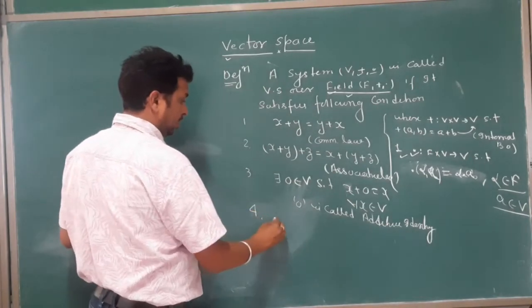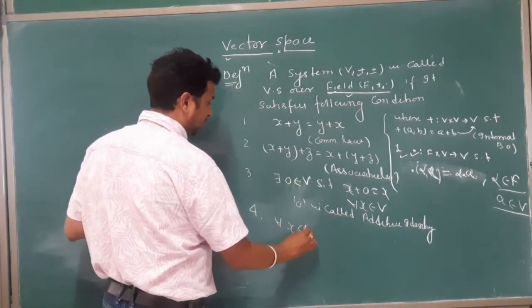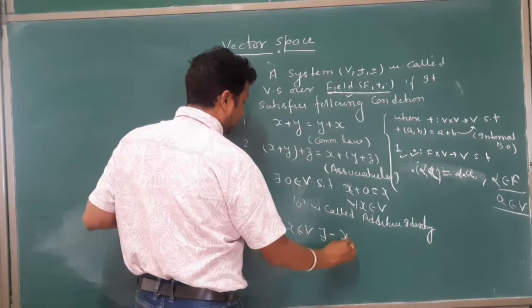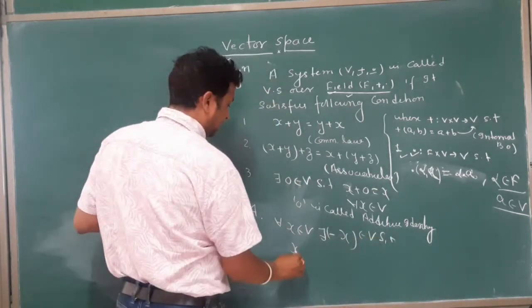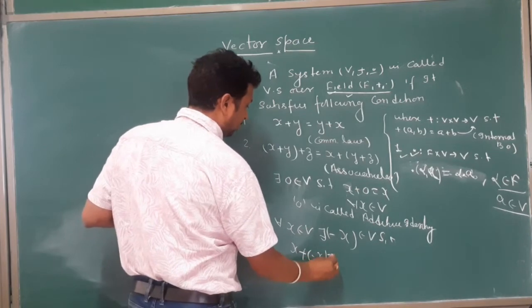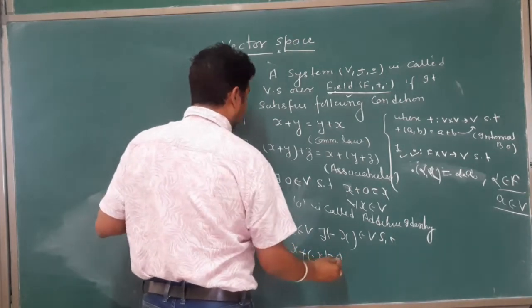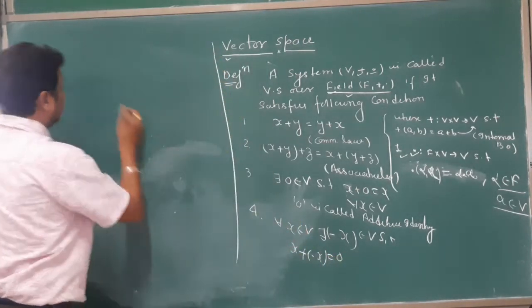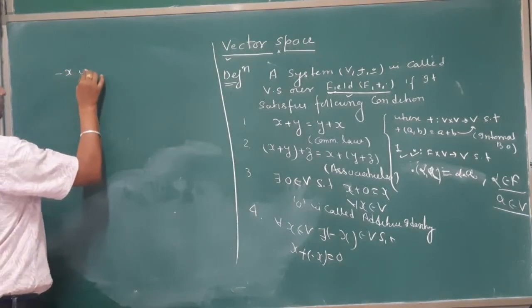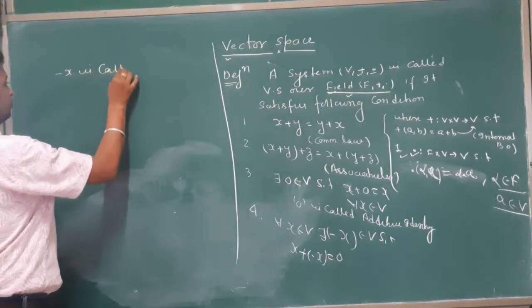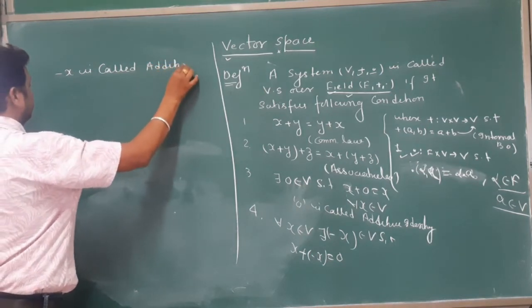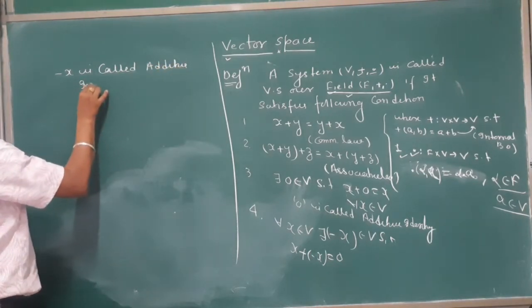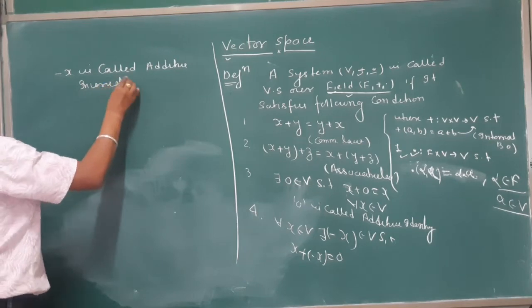And fourth, for every x belonging to V, there exists minus x belonging to V such that x plus minus x is 0. Minus x is called the additive inverse of x.